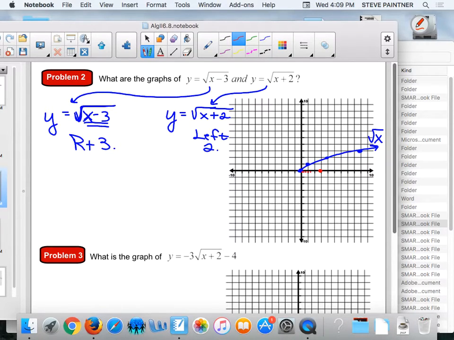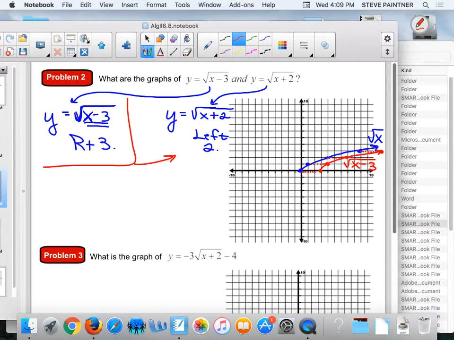So 0, 0 goes right 3. 1, 1 goes right 3. 4, 2 goes right 3. 9, 3 goes right 3. And there it goes. This one would be the square root of x minus 3. Okay. All right, that one's done.